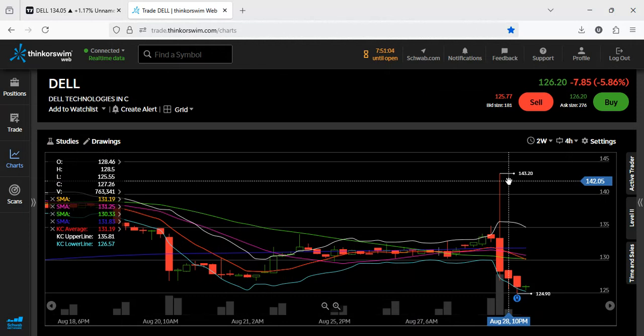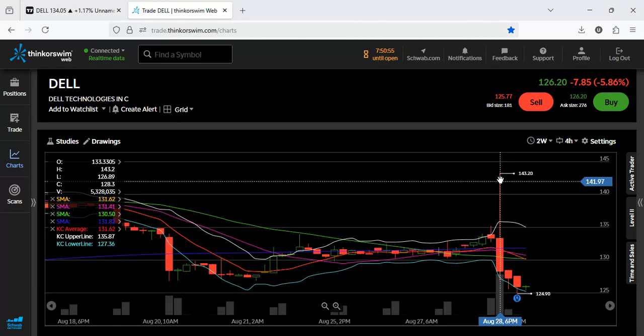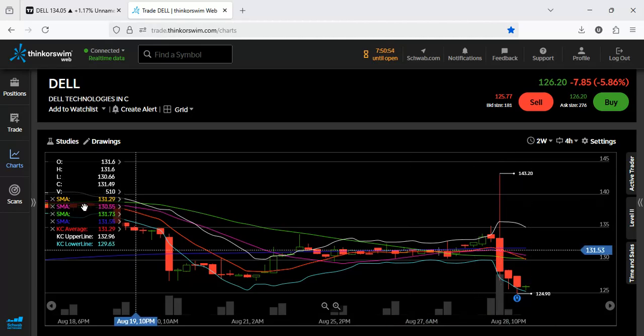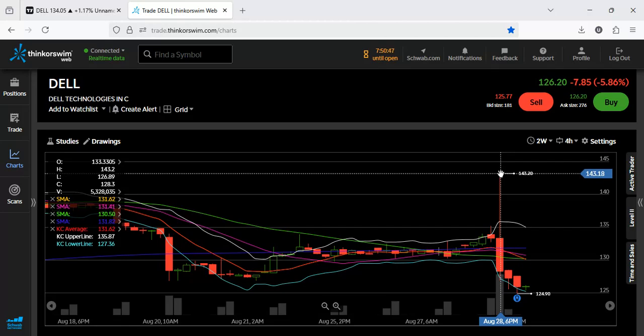So even though it's statistically less than 50%, let's see what the fresh data is saying. Here we have the moving averages. We're going to retest and validate our experiment. The first value is 131.62, which is also less than 143.18, even way less than what we had on the other chart.